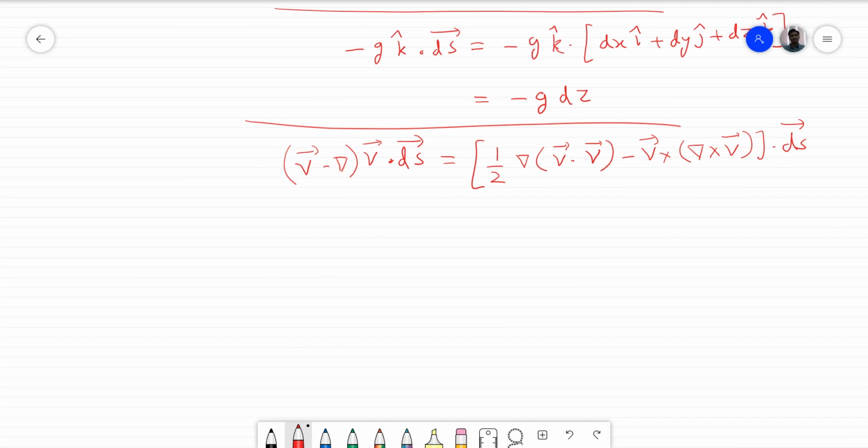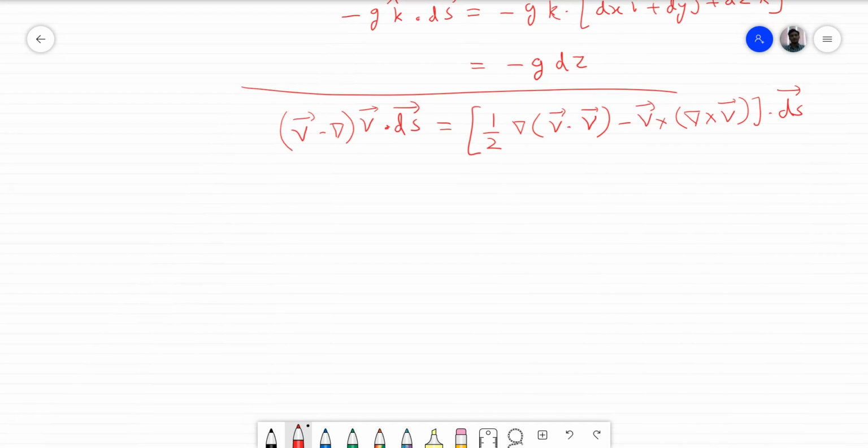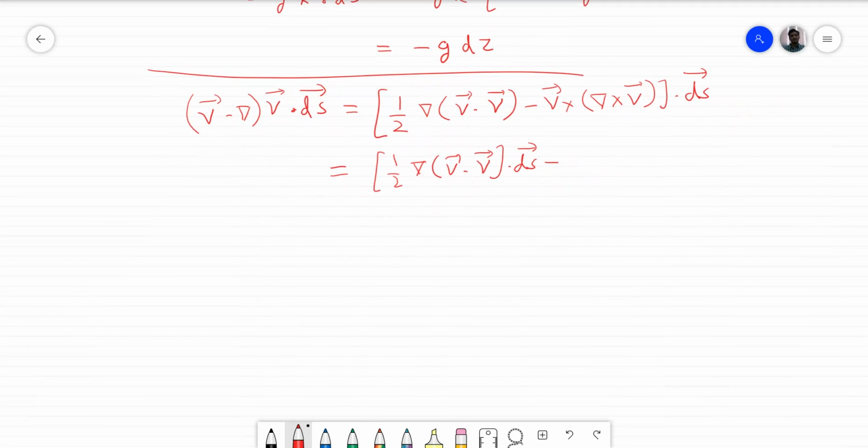After solving this I can write all the steps here, but this is also given in the textbook that we are following, Robert Fox, Introduction to Fluid Mechanics. So this becomes half del v dot v dot ds minus the second term, v cross del cross v dot ds.